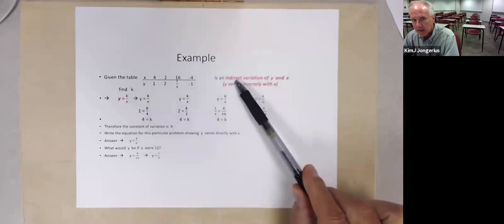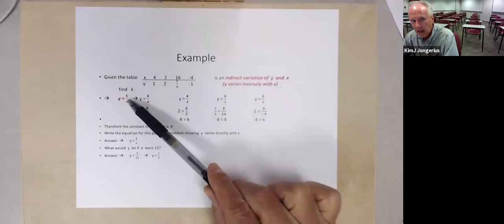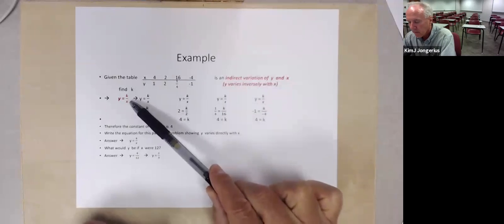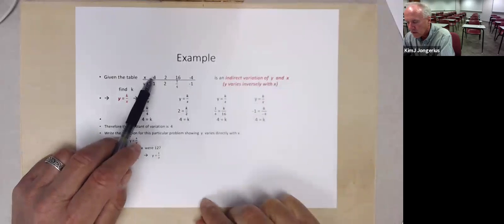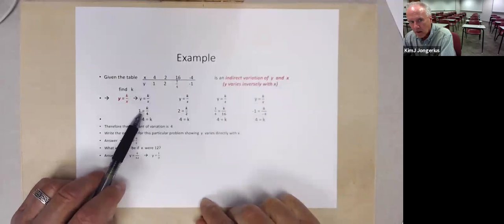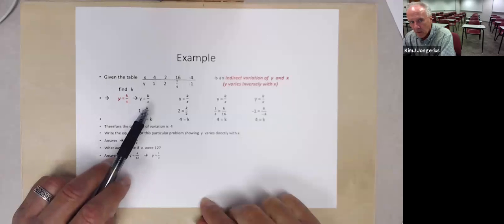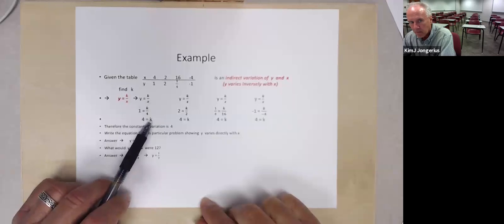But again, because it said indirect or inversely, it is k divided by x. So here's my first set of ordered pairs. X is 4, y is 1. So the x becomes a 4, the y becomes a 1. When I cross multiply, I end up with k having to be 4.